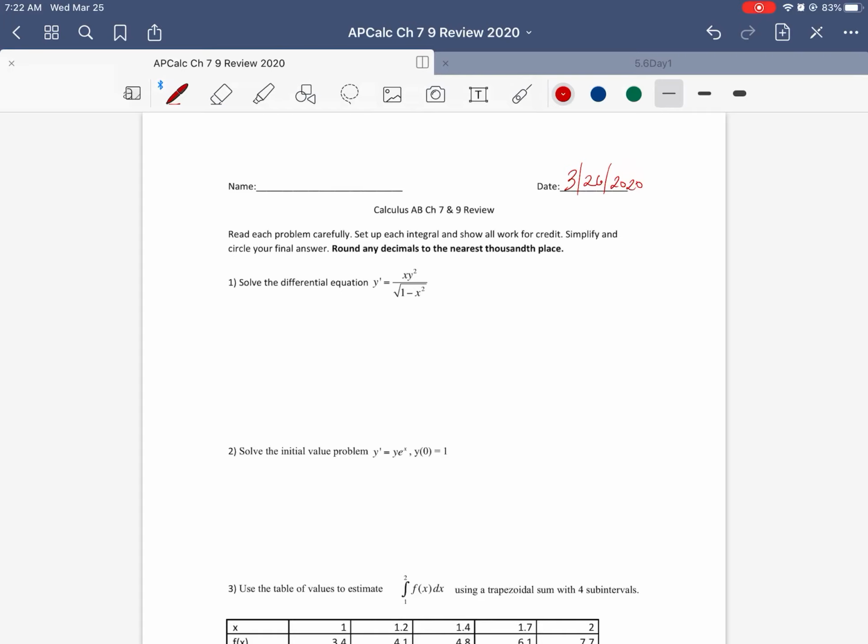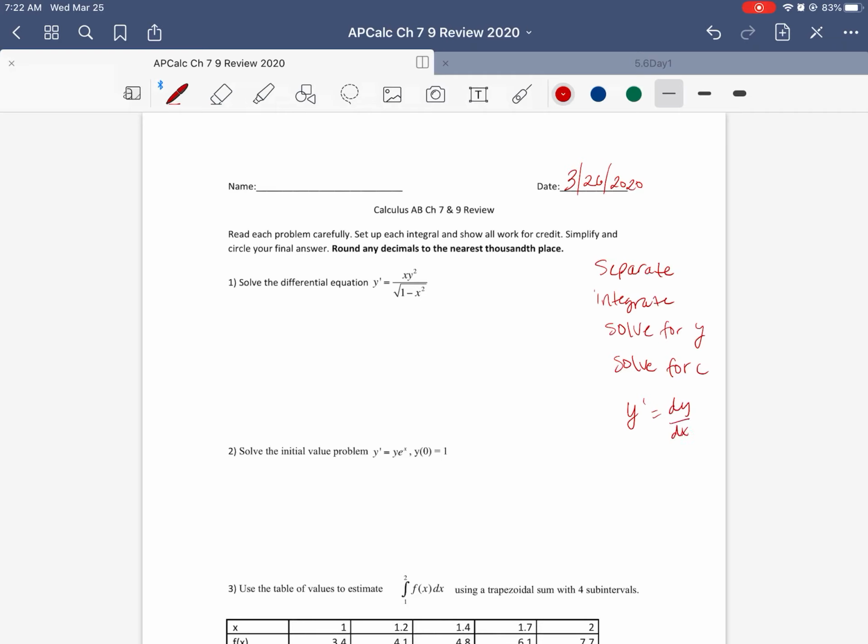Okay, so solve the differential equation. Remember that we are separating, we are integrating, we are solving for y, and sometimes solving for c if the information is given.